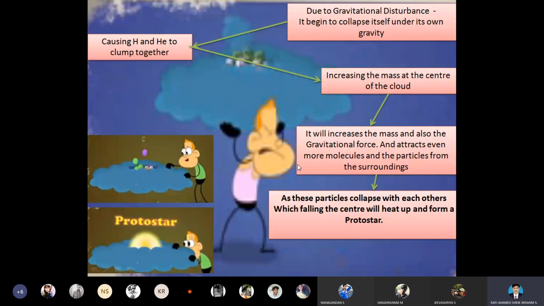The mass increases along with the gravitational pull. This gravitational pull attracts the other molecules and particles in the surrounding.